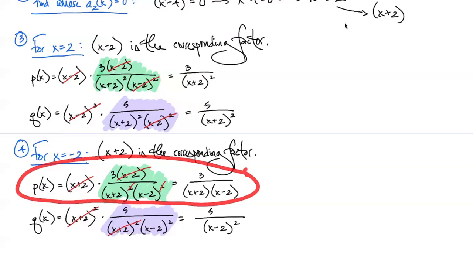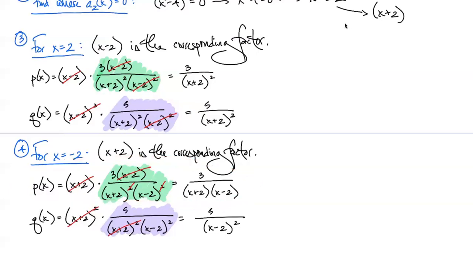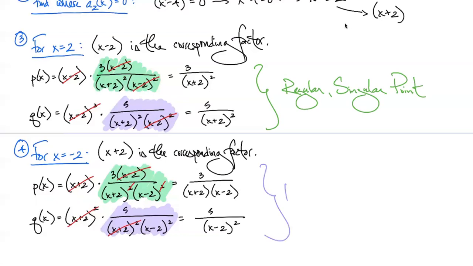And so the way we classify these, okay, we're gonna say that x equals 2 is a regular singular point, whereas x equals -2 is an irregular singular point.